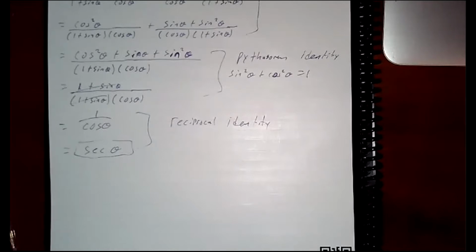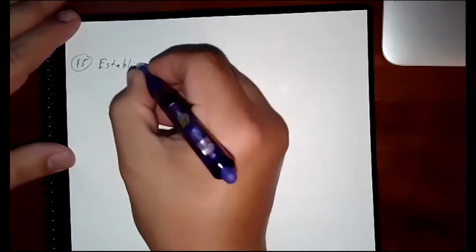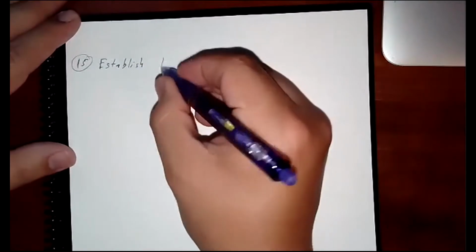So the next one now. I'll get a new page for this one. This is number 15. This is establish or prove, basically, the identity.